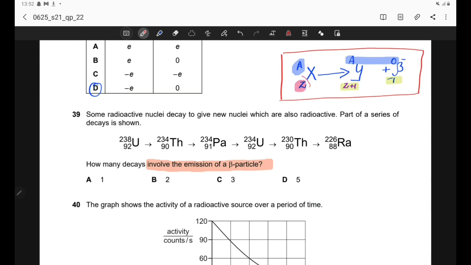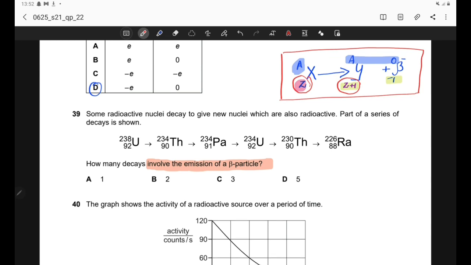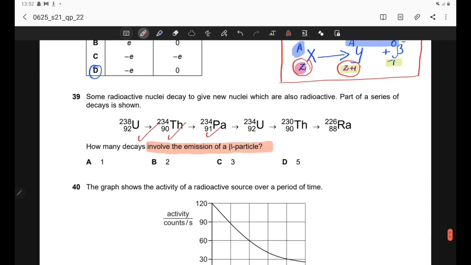Now we can understand that whenever there is a beta emission, the daughter element will have a proton number 1 greater than the parent element. So in the given set of decays, we compare each parent element and its product.